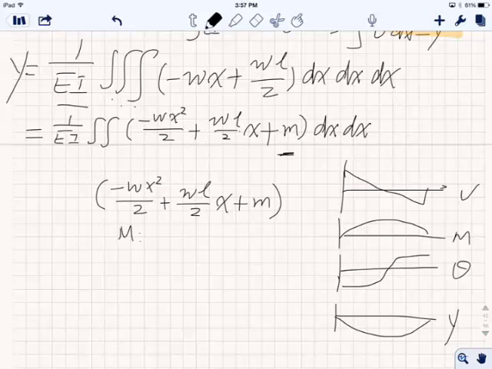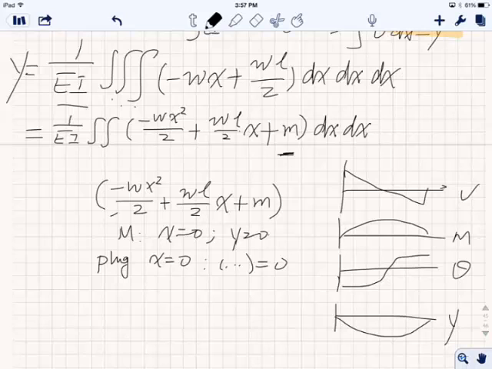For moment, when x is 0, what's the y value here? 0. It's 0 as well, right? Exactly. So if I plug x equal to 0 in it, whatever is inside the parentheses should also equal 0. Agree? Because the moment at the end is 0. So we plug in 0 over here, this becomes 0, this becomes 0.